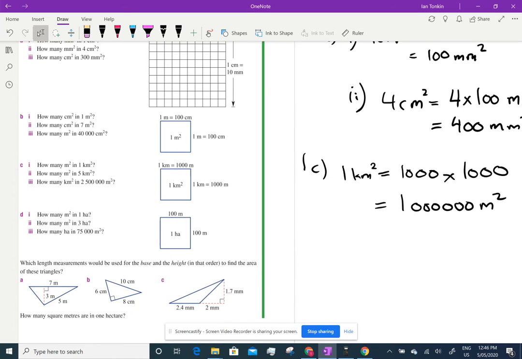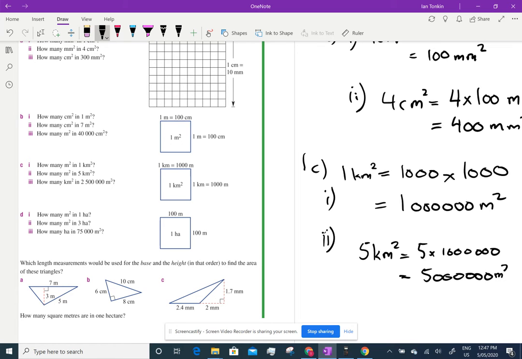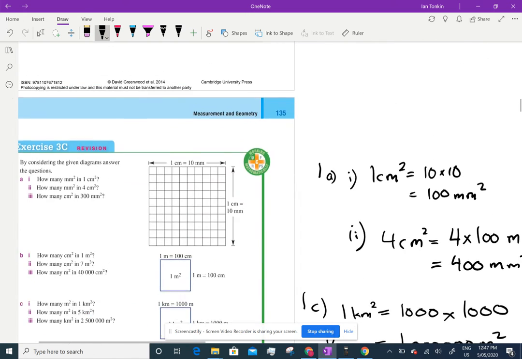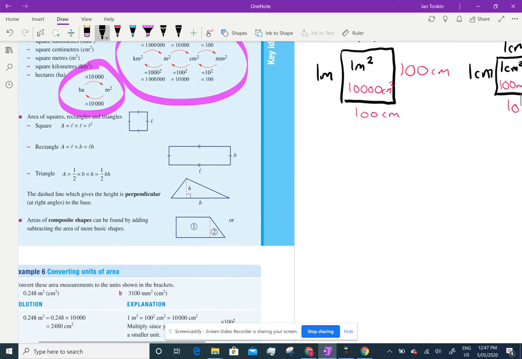Okay, how many metres squared in 5 kilometres? So this is number 2. Well, 5 kilometres squared equals 5 times 1,000,000, which is 5,000,000 metres squared. To go the other way, and you can go back up here and look at this.